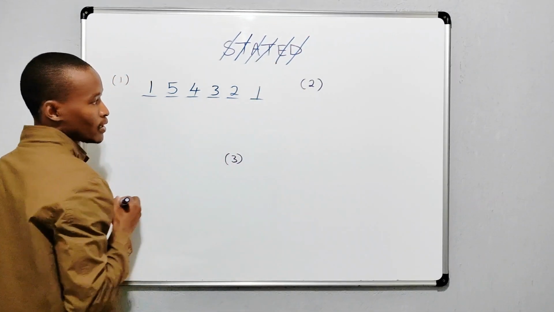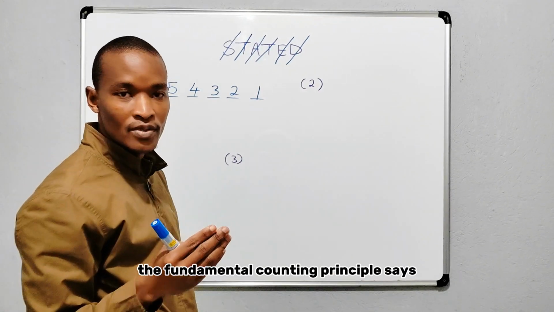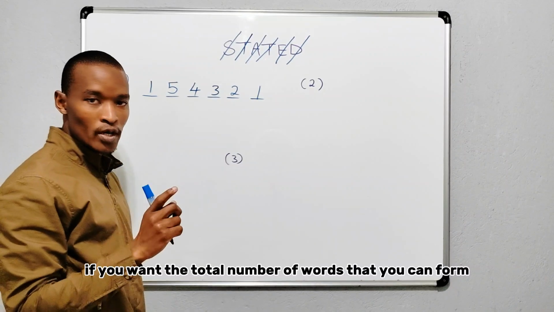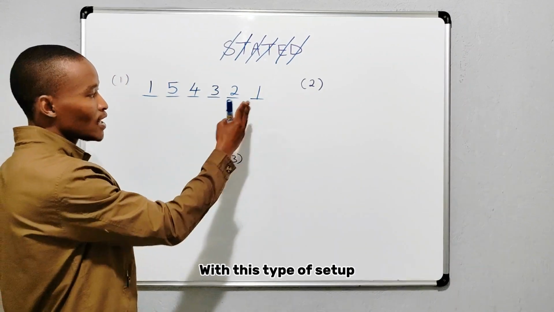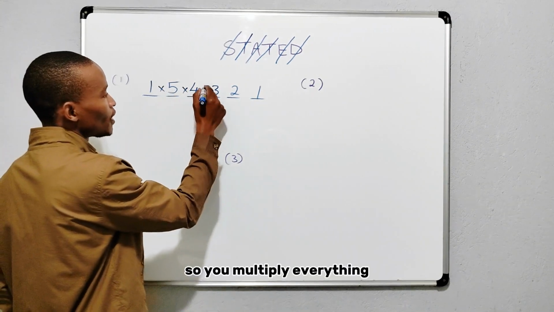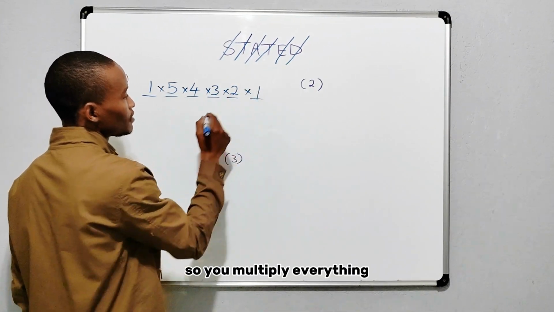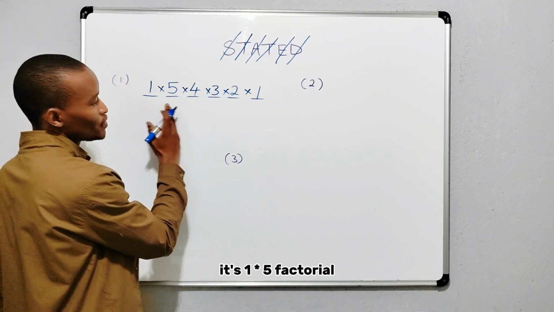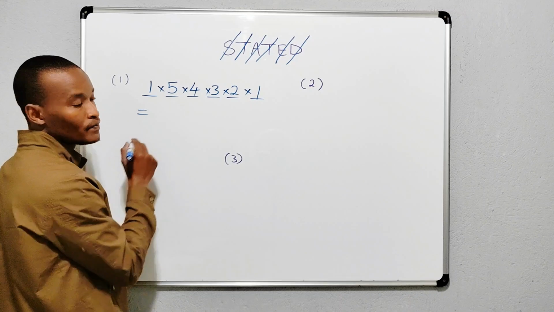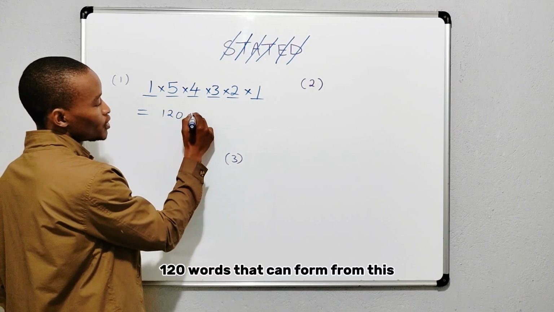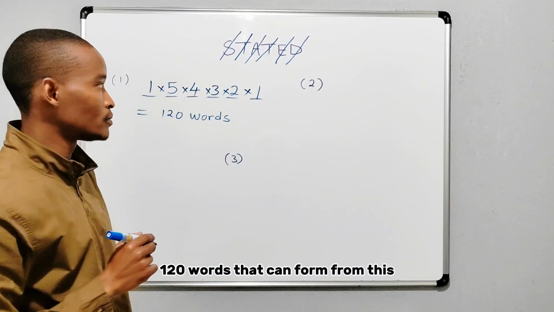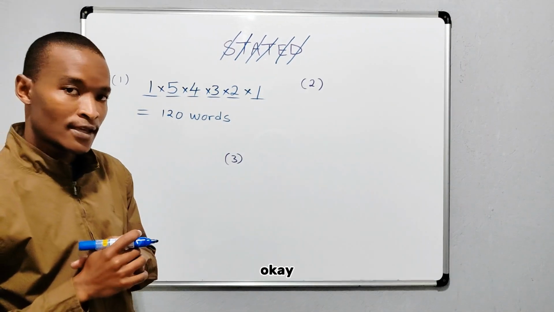The fundamental counting principle says if you want the total number of words that you can form with this type of setup, you take the product. So you multiply everything, and as you can see, it's 1 times 5 factorial, giving you 120 words that can form from this.